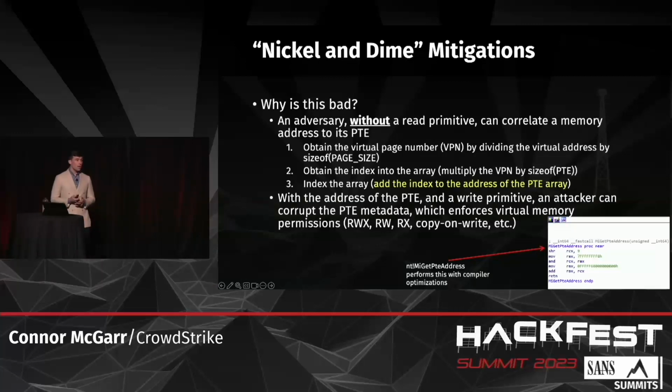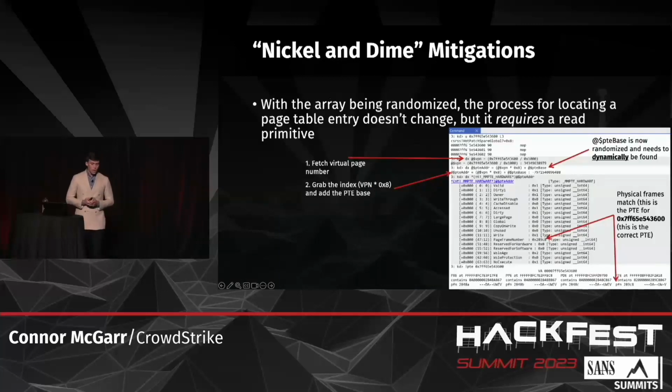This is actually mitigated now on more modern operating systems. As we can see in this screenshot below, there's a function called MiGetPteAddress, which performs this same computation with compiler optimizations. So now what happens, this is a screenshot from WinDbg. Effectively, this PTE base represents the page table array that's now randomized.